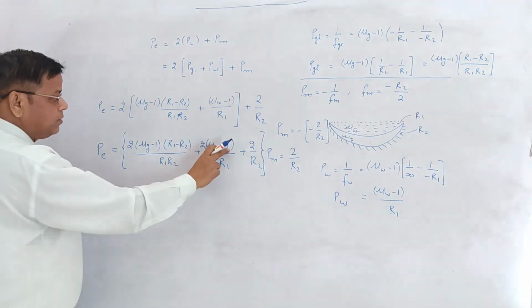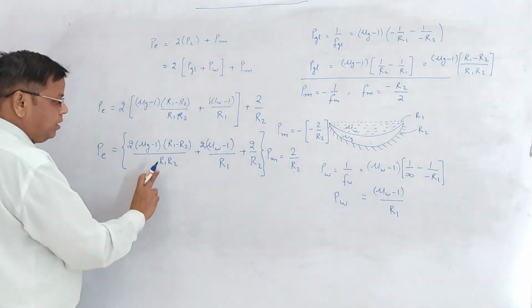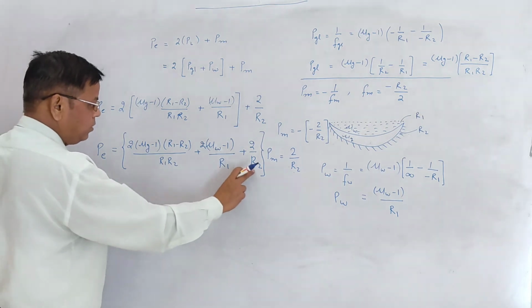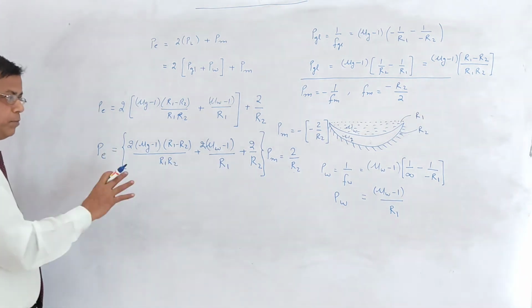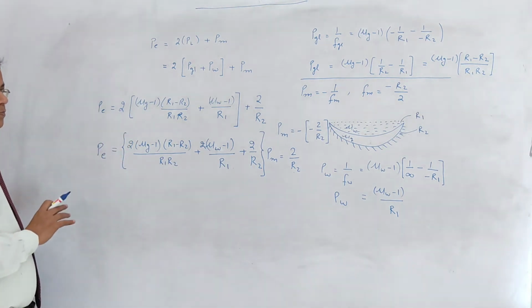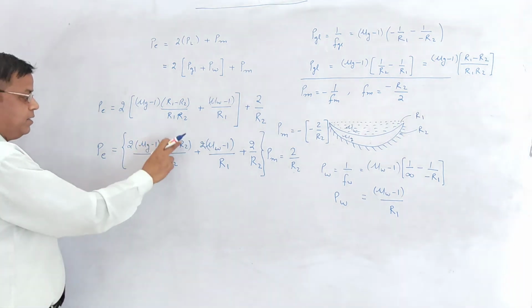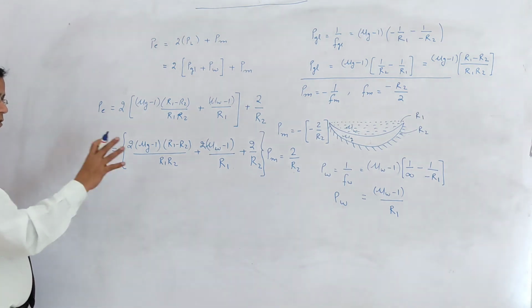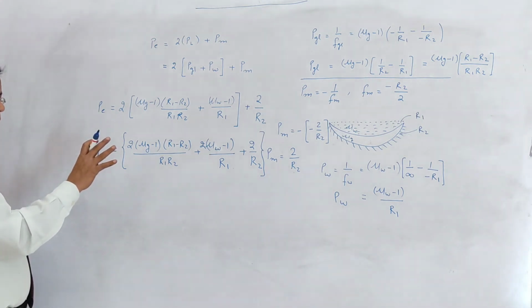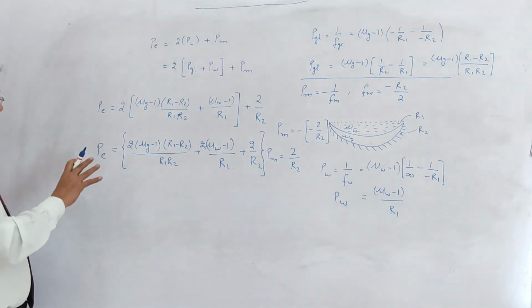Mu w is greater than 1, so this is always positive. And here for R1 and R2, only the numerical value is to be kept because the sign is already considered. So it is R1 minus R2. This is going to decide whether the power of the effective lens will be positive or negative.